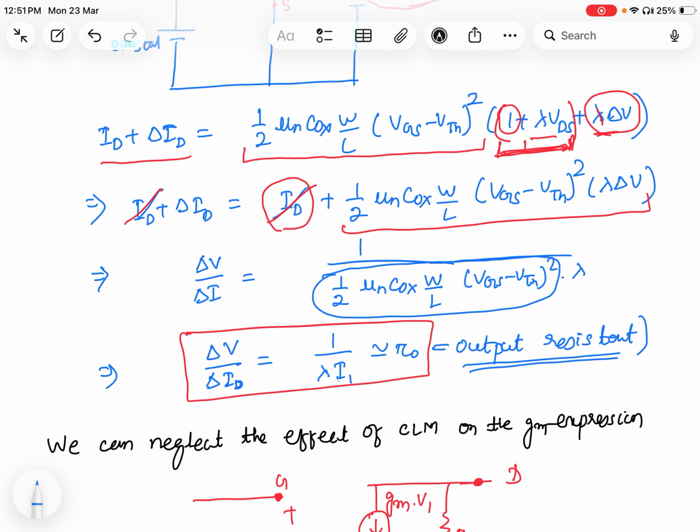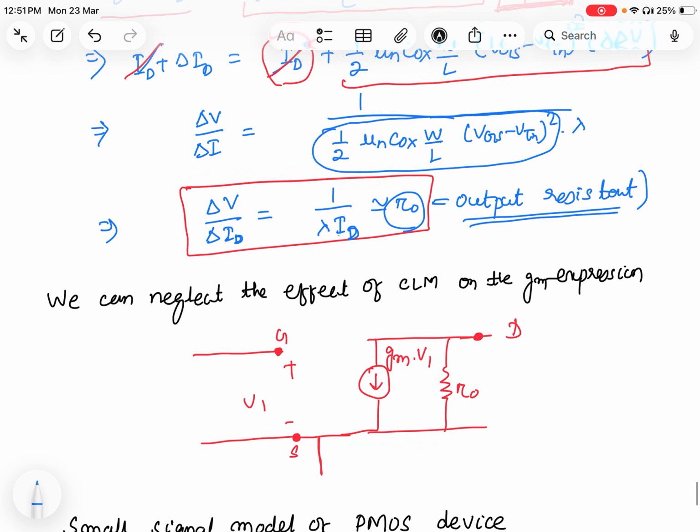So I got the output resistance, nothing but your R0. Now this output resistance will be connected parallel to the current source.